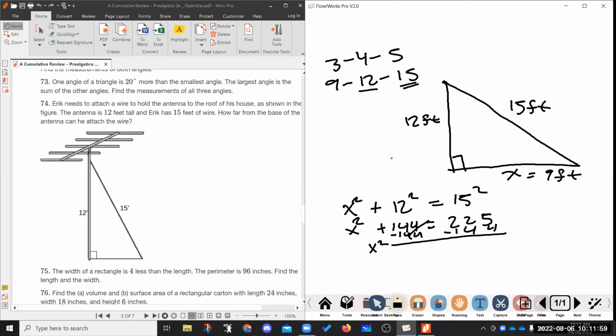We're going to get x squared is equal to 81. And x is going to be equal to the square root of 81. I'm not going to do the negative square root of 81 because these are distances that can't be negative. So this is going to be 9, just like we said. And we are measuring this in feet. This is a word problem, so don't forget your units.